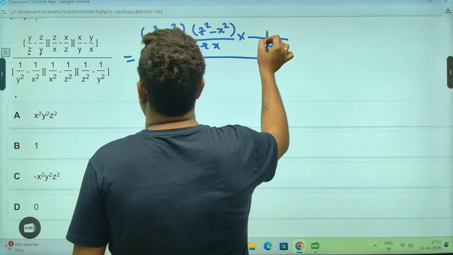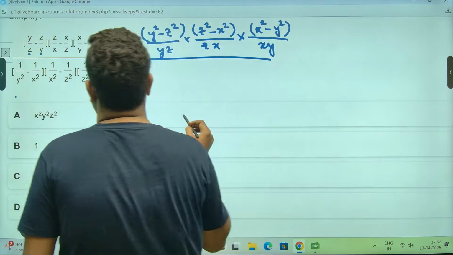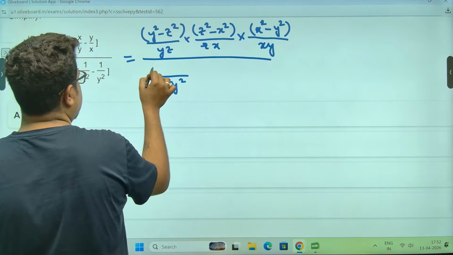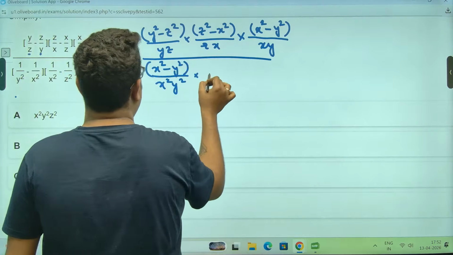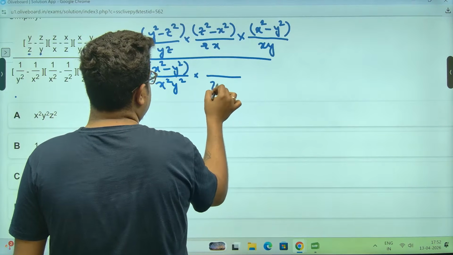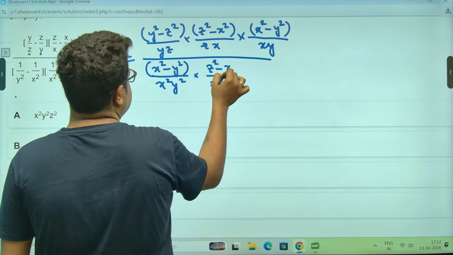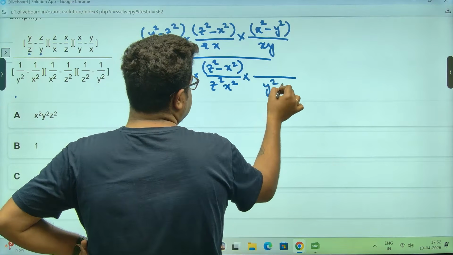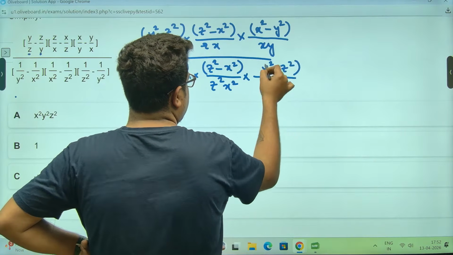xy, x square minus y square. Here, x square y square into z square x square, so z square minus x square into y square z square. Done.